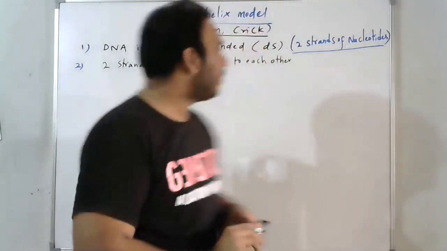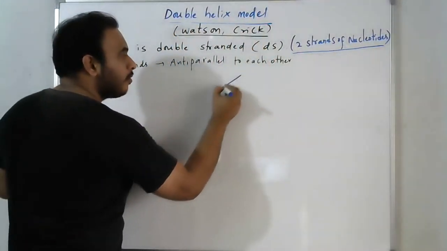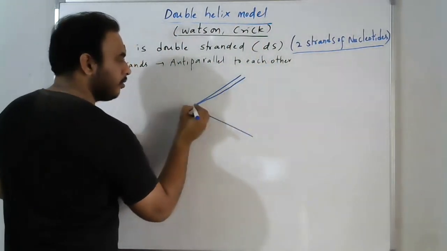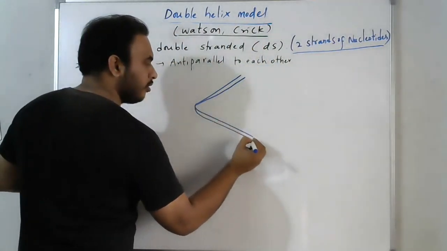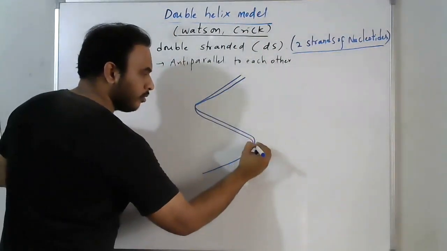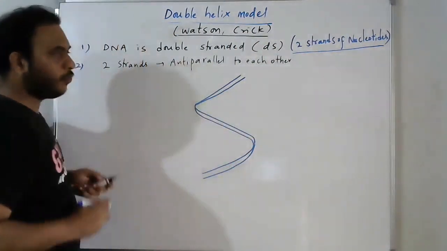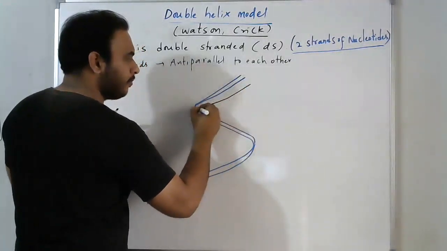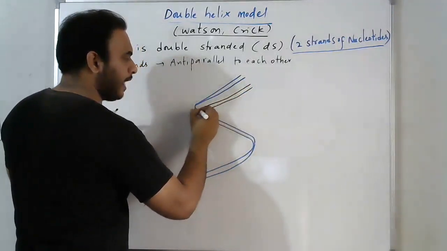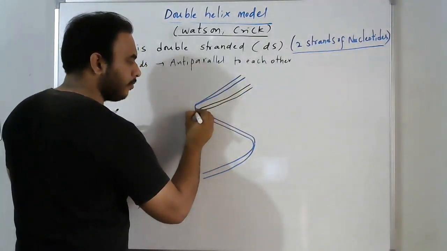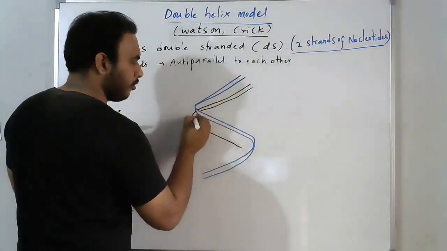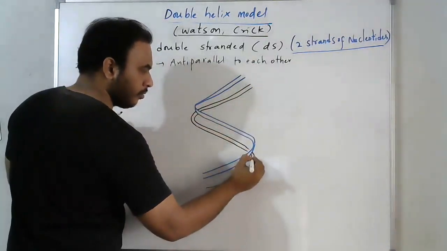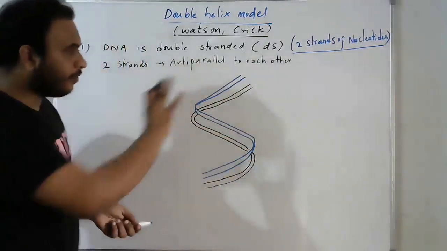They never cross. So this is one strand, and the other strand runs parallel, but they never meet each other.